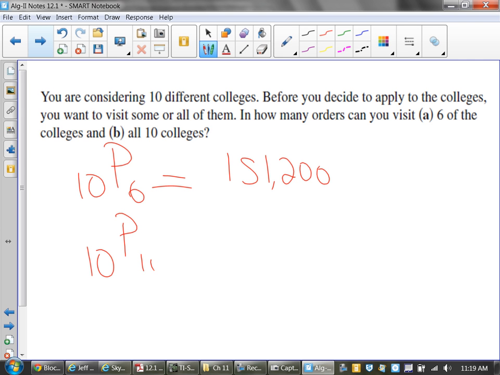You're picking 10 of them. That winds up being 3,628,800. There's a lot of different ways to do that. 10 permute 10 is the same thing as 10 factorial. It works out to be the exact same.